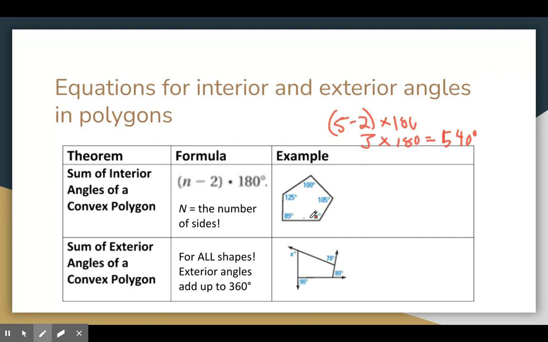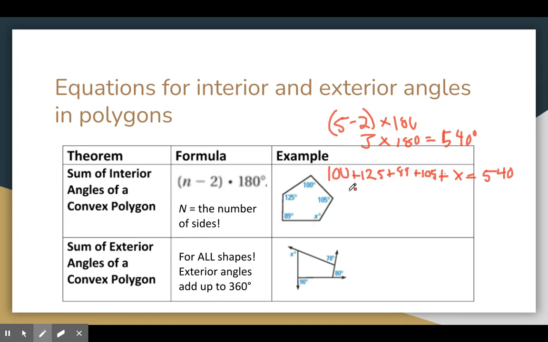And as you can see, it's very similar to what we did last chapter with triangles. You know that all 5 of these angles have to add up to 540. Luckily, we are given 4 of them. So you're just going to set up your equation similar to how we did with triangles. We'll have 100 plus 125 plus 89 plus 105, sorry about that, plus x. And we know that all 5 of those have to add up and give us 540.